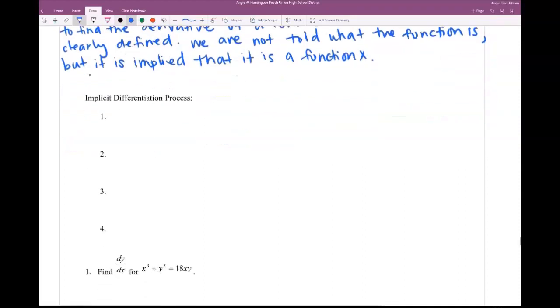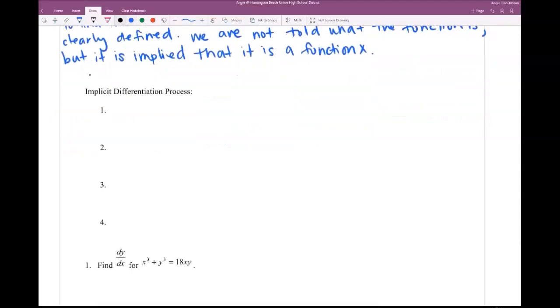So the process is, step 1, differentiate both sides with respect to x.